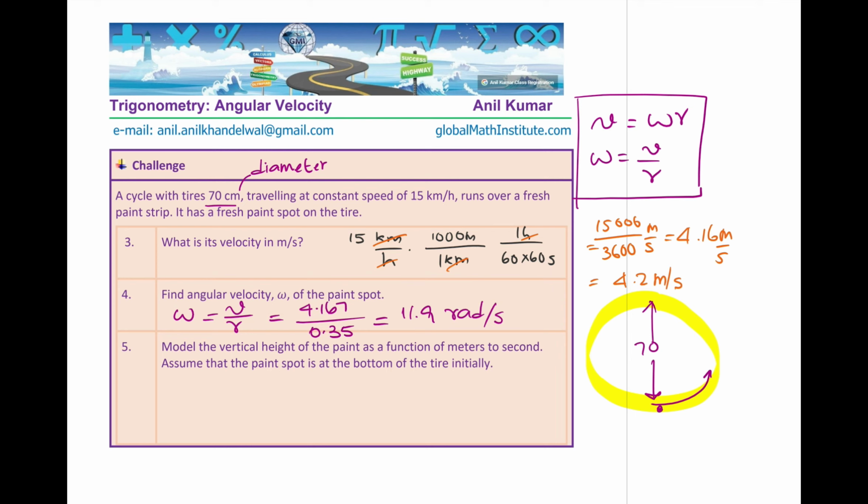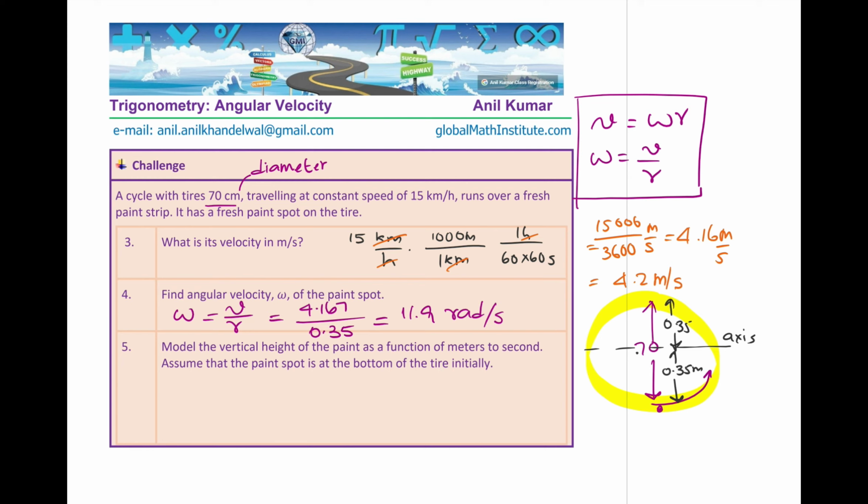That means we could use a cosine function, right? If you see that, that becomes the axis, correct? So the axis is 0.35 meters high. It's good to write this all in meters. And that is also the amplitude.